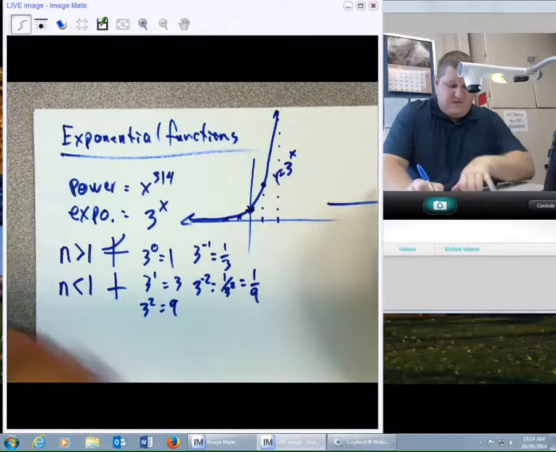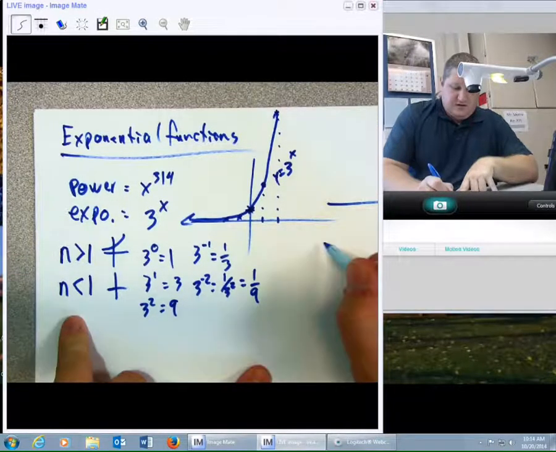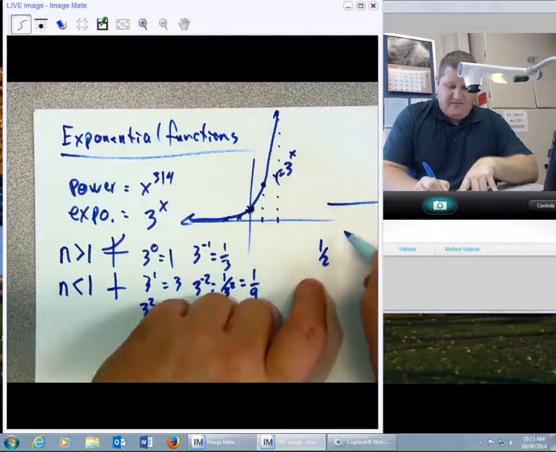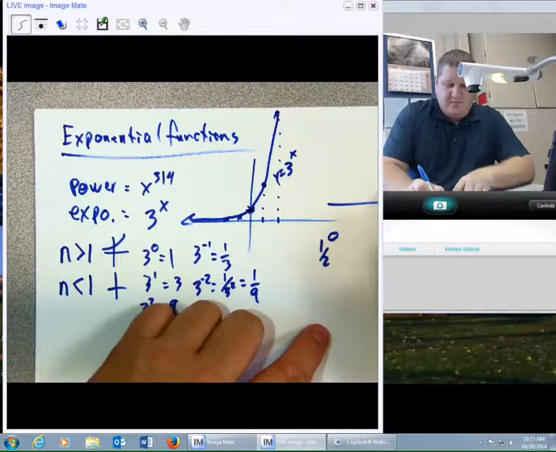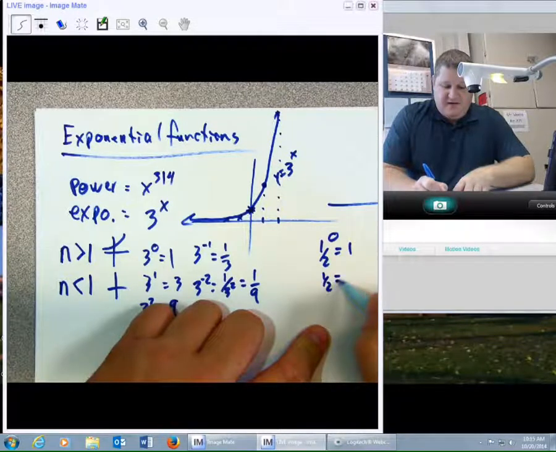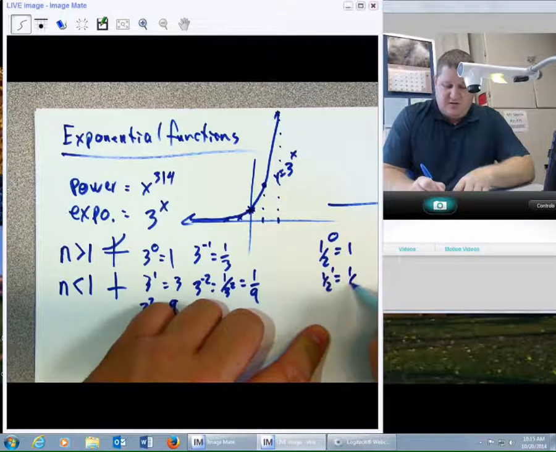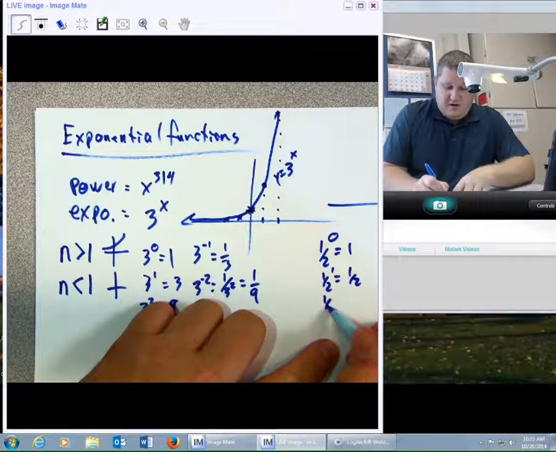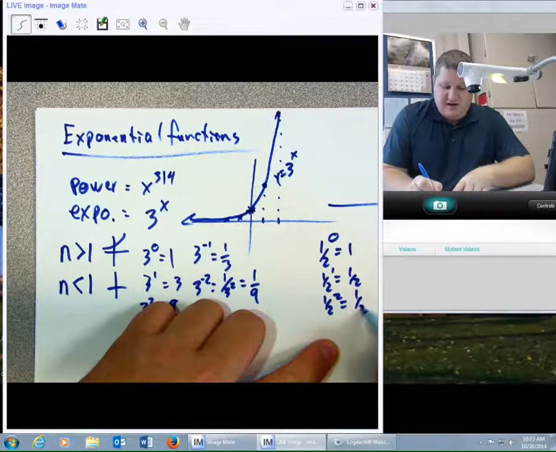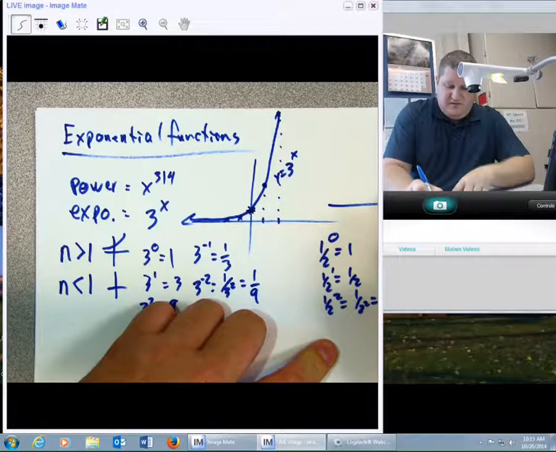If I have 1/2, and let's raise that to the 0 power. Again, that's going to equal 1. If I have 1/2 raised to the first power, that's going to be 1/2. 1/2 to the second power is 1/2 squared, which is 1/4. So we have this situation.